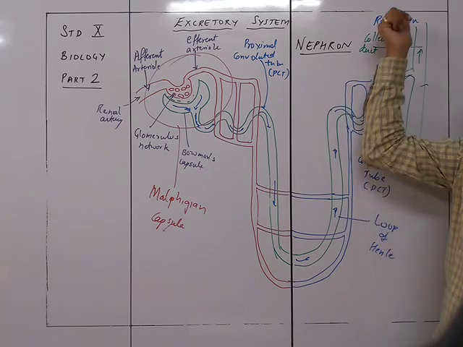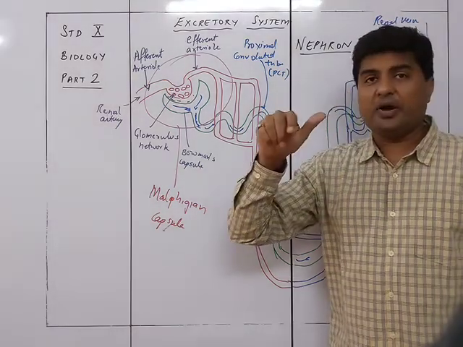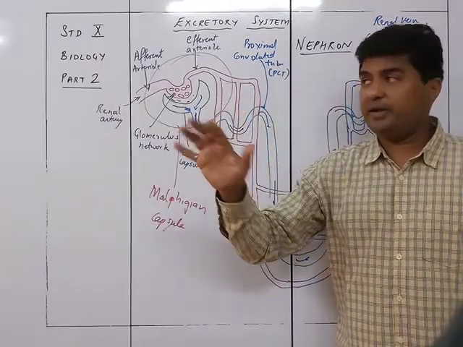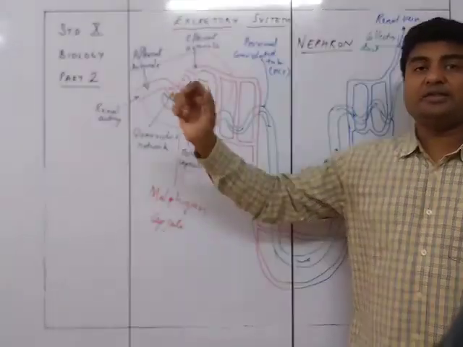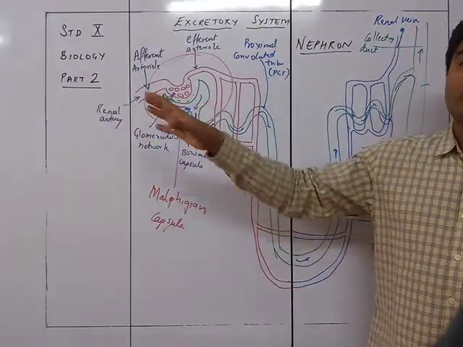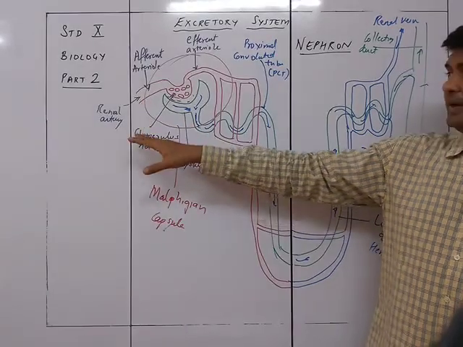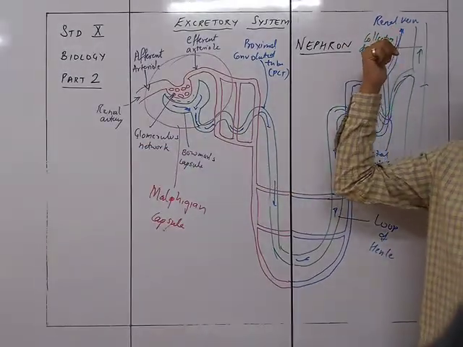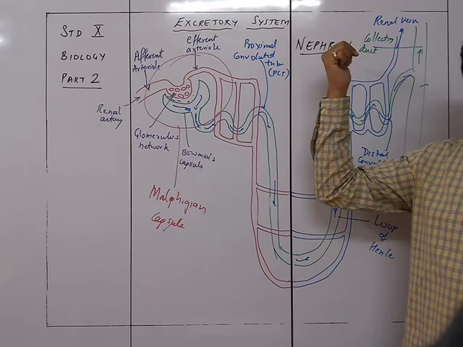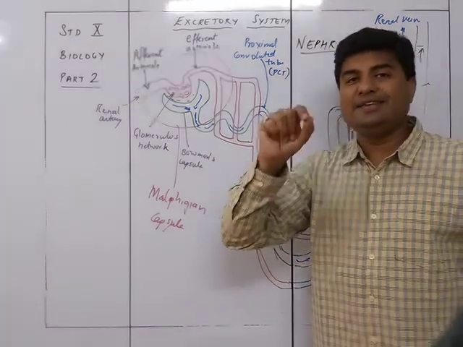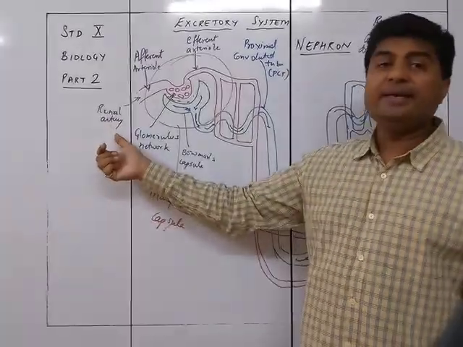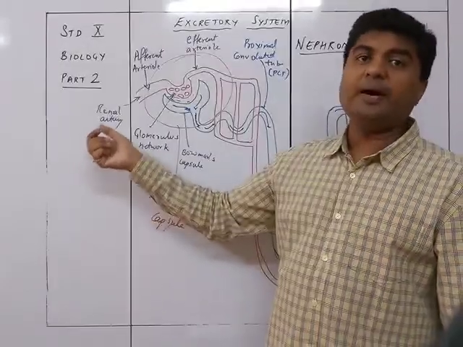That's why the renal vein will be rich in carbon dioxide but will not have any impurities, whereas the renal artery will be rich in oxygen but will have a lot of impurities. So this one is purified blood, but it is deoxygenated, whereas this one is oxygenated blood but it is impure blood.